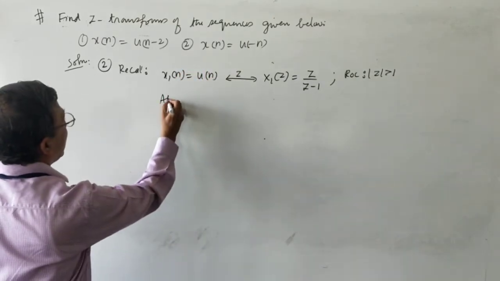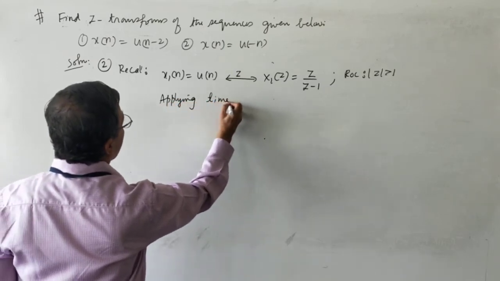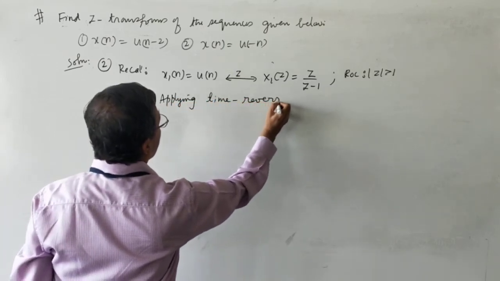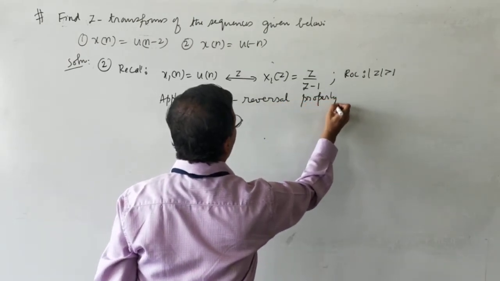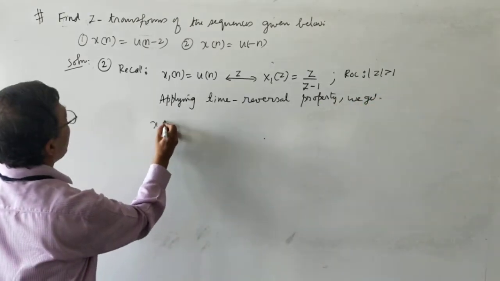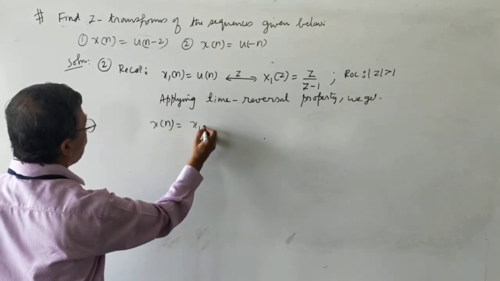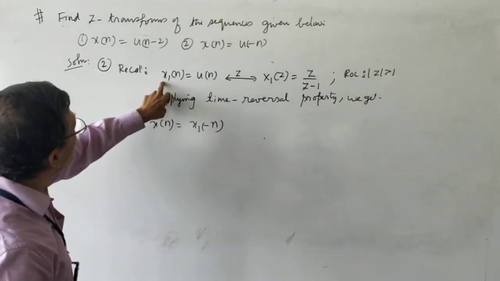Therefore, we have to apply the time reversal property. Applying time reversal property, we get, what is x of n? x of n is nothing but x1 of minus n. x1 of n is u of n. So what is x1 of minus n?